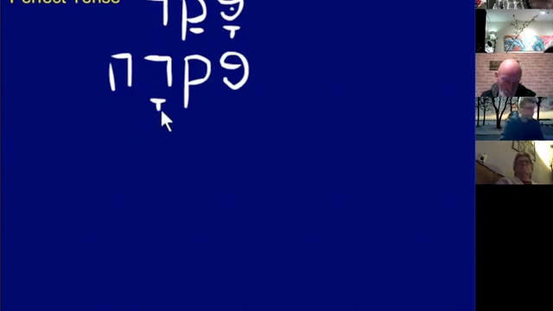Now what happens here is this is a vowel suffix. This had no suffix. Here we're adding a vowel suffix. And if you remember, we can't have a syllable starting with a vowel in Hebrew. We can have CV, and we can have CVC, but we can't have V or VC or anything like that.